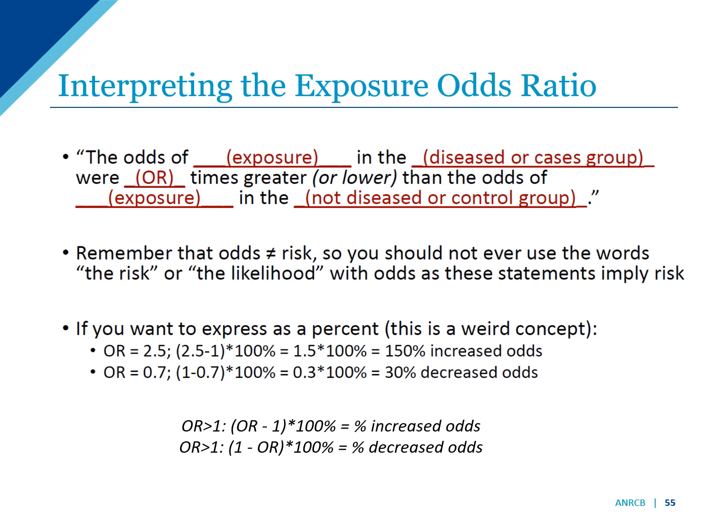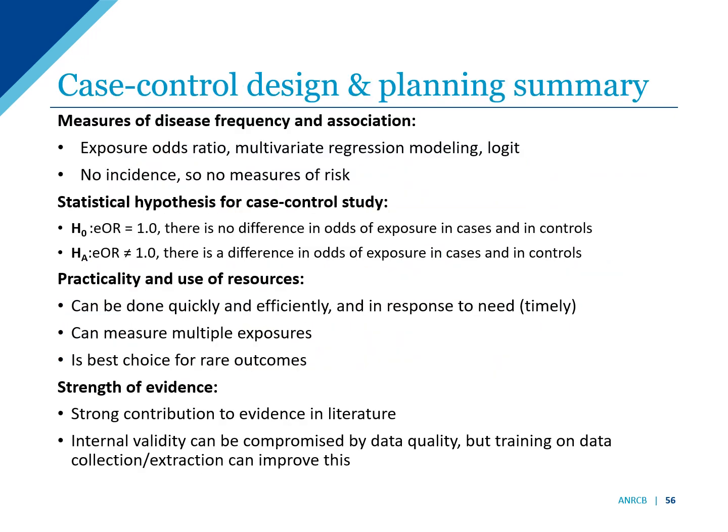There is also the opportunity to express the odds as a percent. Of course, in analyzing case control data, the exposure OR is only the crude measure of disease association, and we would use multivariate regression and other modeling to control for confounding in our results.